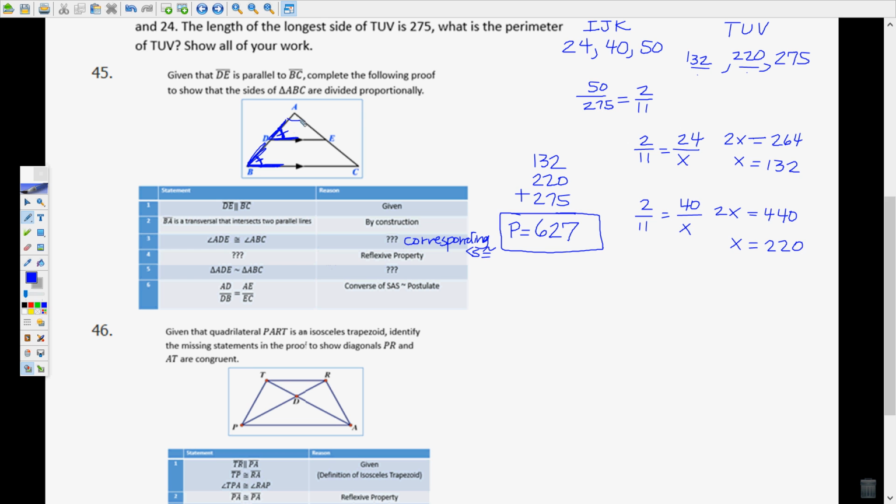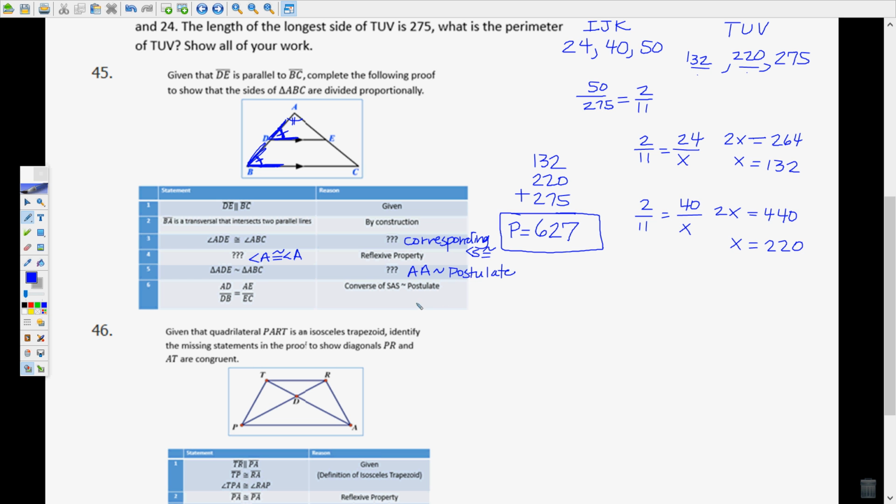So using the reflexive property, angle A is congruent to itself. Now that gives us two angles. And now that we have two angles in this smaller triangle, ADE, and this larger triangle ABC, they have angle ABC congruent to angle ADE, and they both have angle A. So by the angle-angle similarity postulate, we have similar triangles.